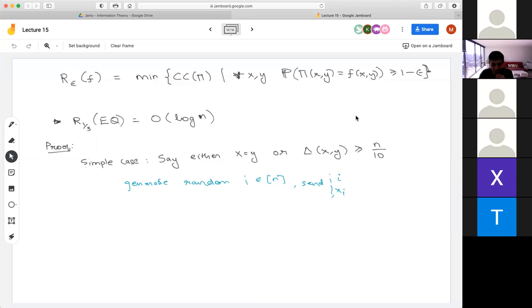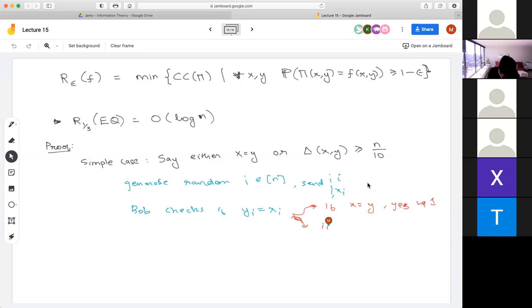So then Alice could sample a random index, send the location and the value of x in that location. Bob checks if y_i is equal to x_i. If x is equal to y, then the answer will be yes with probability 1.